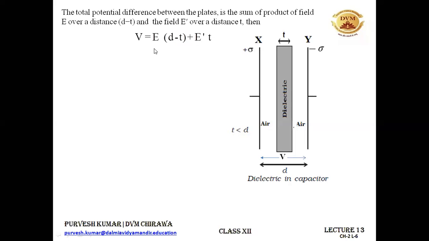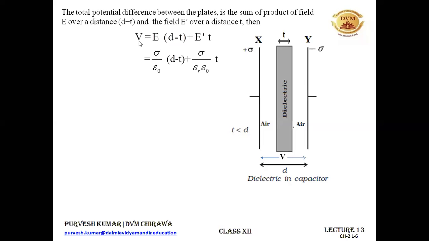Now in place of E and E dash, you can write the values of E that you calculated in equations 1 and 2. E, the electric field acting in the air gap, is equal to sigma upon epsilon naught, and E dash, the electric field acting in the dielectric, is equal to sigma upon epsilon r into epsilon naught. I hope I am clear.